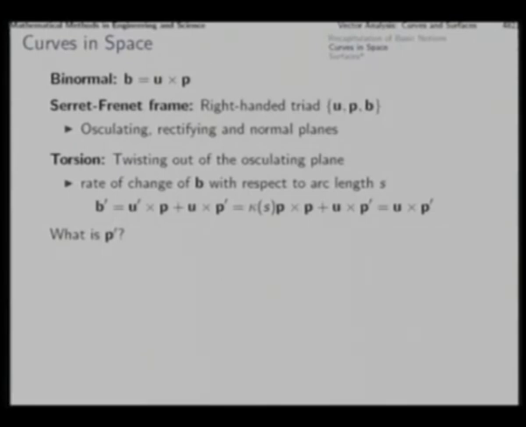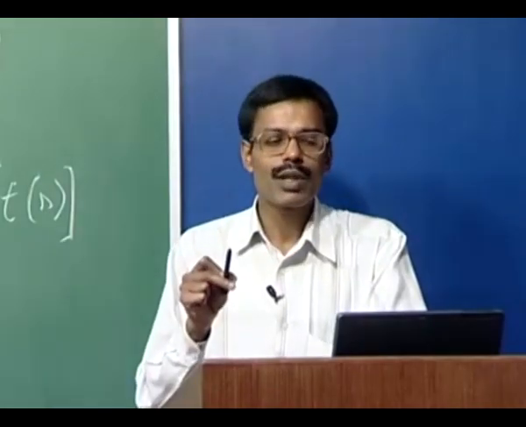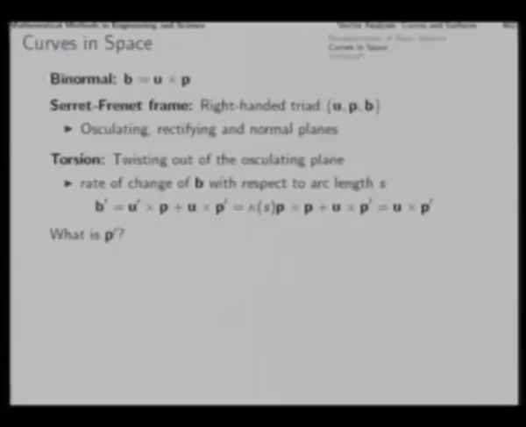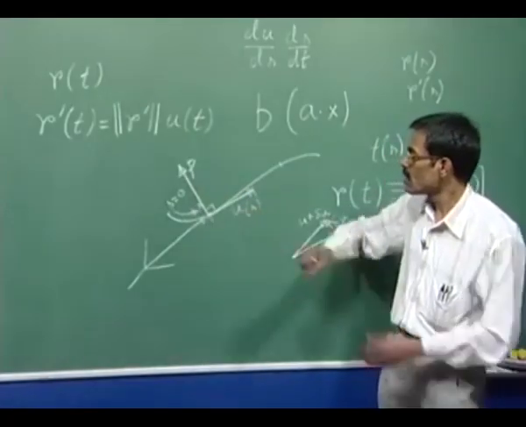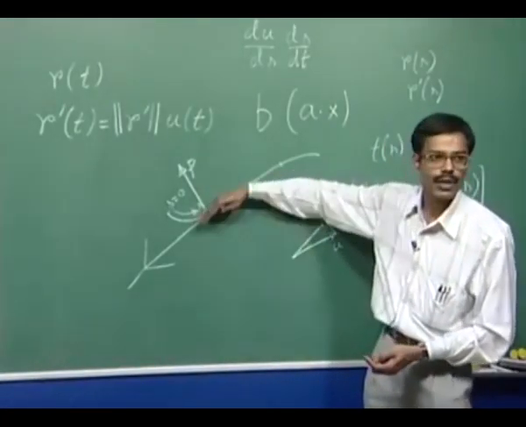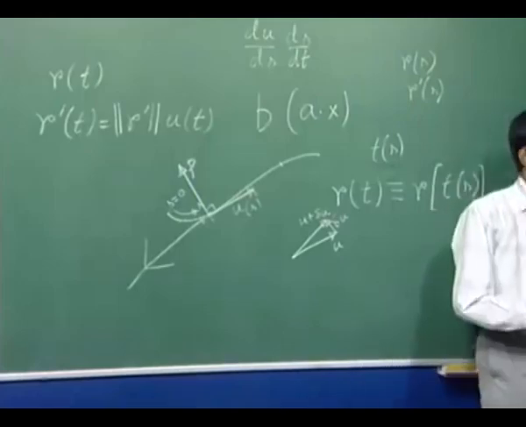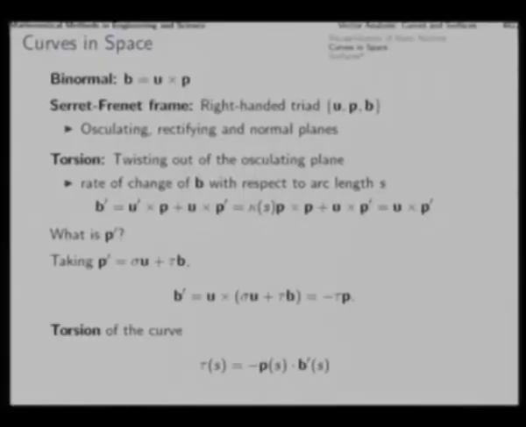Till now we have not come across the expression for p prime, but one issue is very clear. p is a unit vector, and therefore its derivative with respect to the arc length must be perpendicular to p itself. So, if there is a vector which is perpendicular to p, that means it will be in the plane of u and b, right. So, we can consider p prime as a linear combination of u and b. So, let us take it like this and try to put it here.